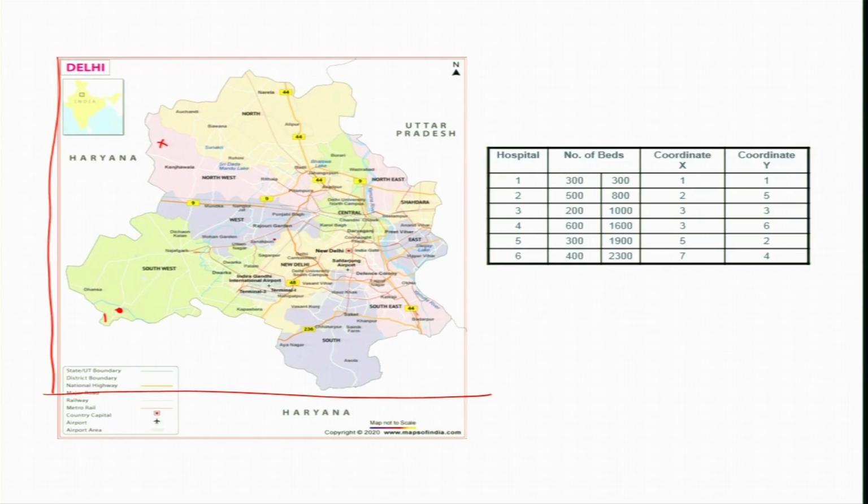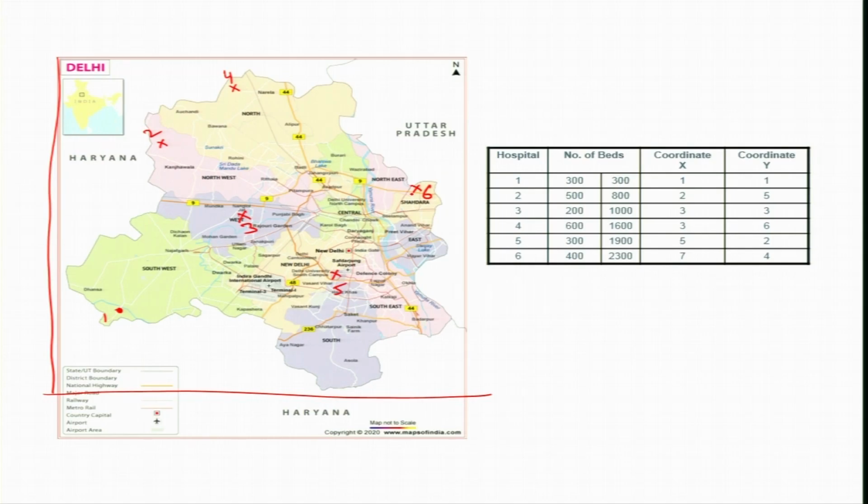Then 3 3 may be somewhere here, this is my third hospital, the fourth is 3 6, somewhere here. Then 5 2 maybe somewhere here, and 7 4 can be somewhere here. Okay, this is location 6.